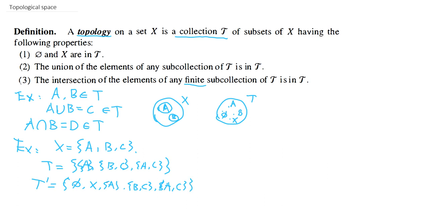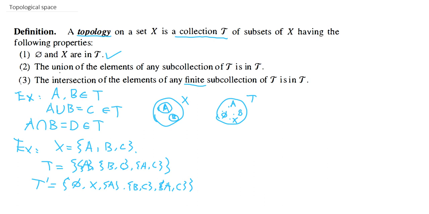Okay, so this new collection T prime satisfies the first property because the empty set and the entire set X are elements of T prime. So the first property is satisfied.